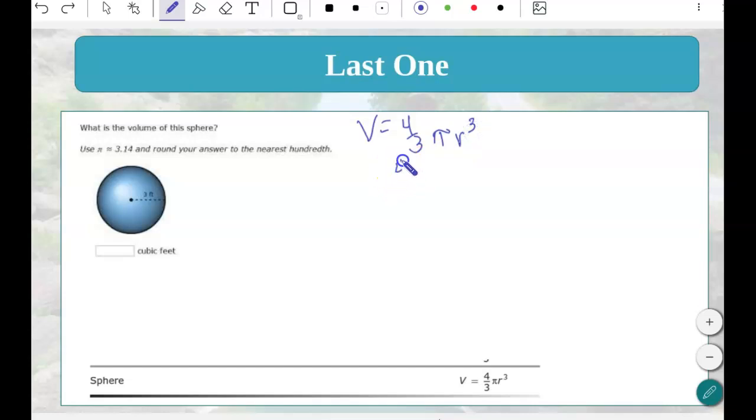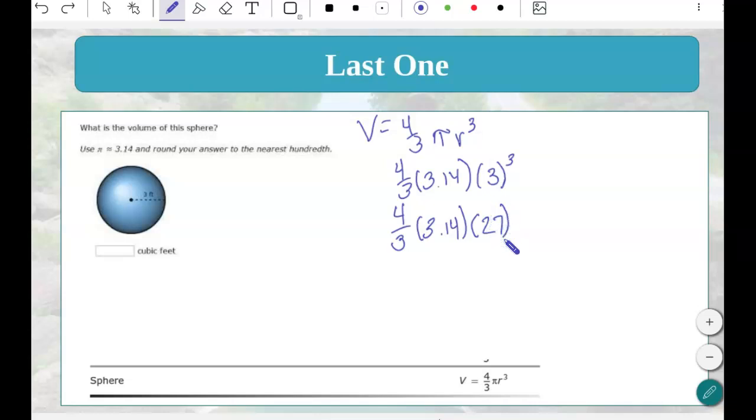We're going to use 3.14 for pi. And our radius is 3. We're going to take that to the third power. Use your calculator. Remember, the third power is just like 3 times 3 times 3. So that's going to be 27.